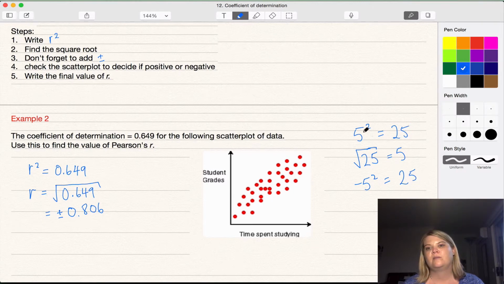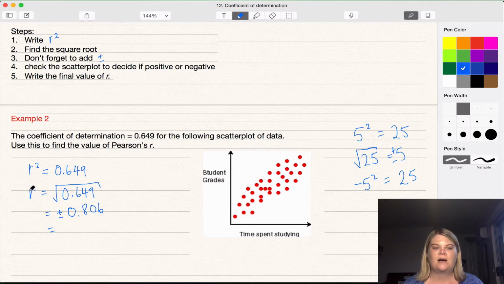So 5 or negative 5 squared equals positive 25. So if you are going backwards, the square root of 25 could be plus or minus 5. So whenever we're square rooting a number, we need to write that it could be either solution. And the way you do that is write this little plus minus on top of each other at the front to show that it's either solution.